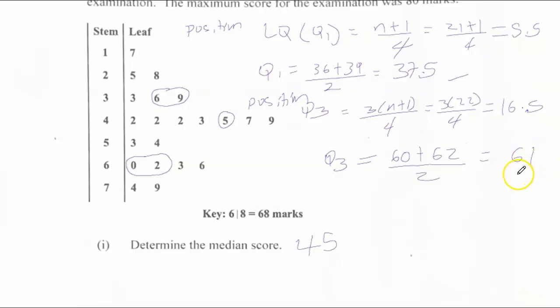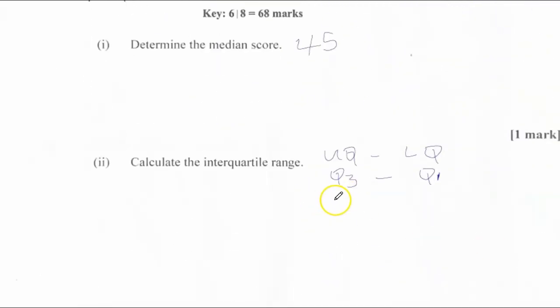So Q3 upper quartile is 61 and lower quartile is 37.5. So the interquartile range is upper quartile minus lower quartile, so it's 61 minus 37.5, and that gives us 23.5.